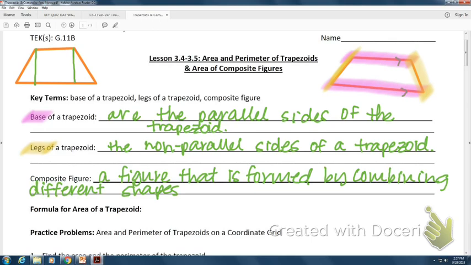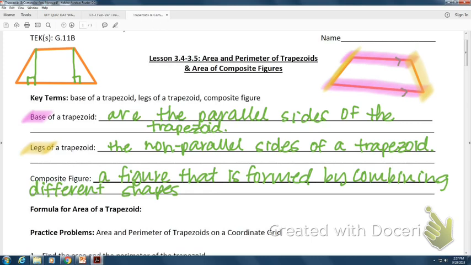We don't know necessarily if those sides are congruent or not. But you could break it into two triangles. What kind of triangles would we have? Right triangles. And then a rectangle, or in some instances you may have a square. So a trapezoid is essentially a composite figure as well. It's made up of rectangles and triangles.